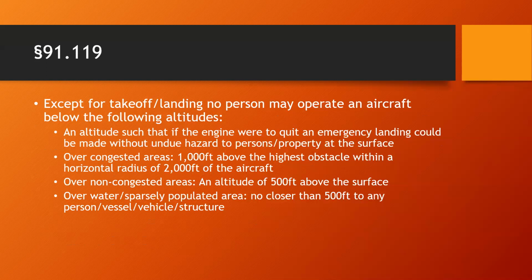So these are the minimum safe altitudes that you are required to maintain. You have to at least be high enough that you can make an emergency landing safely. You have to be at least 1,000 feet above the highest obstacle within a 2,000-foot radius if you're over a city or that kind of area.